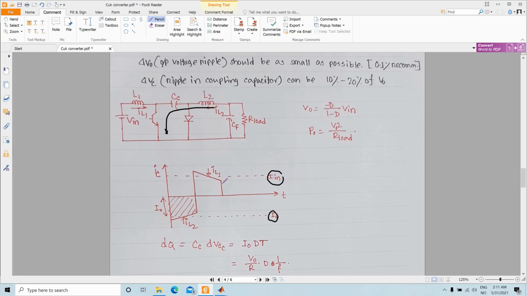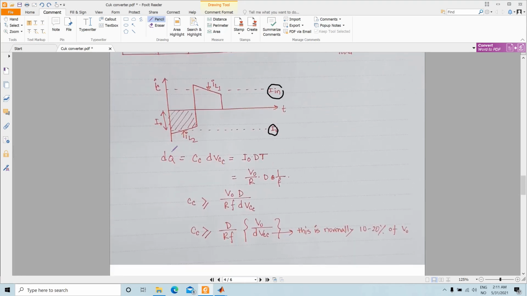From either of these two relationships, considering the stored charge in the capacitor, you can derive the relationship between the capacitor value and the ripple factor.